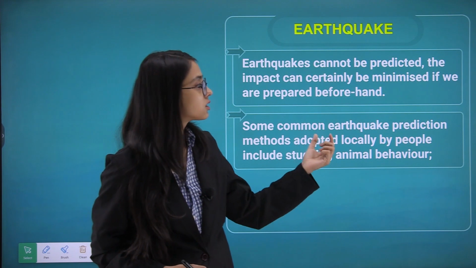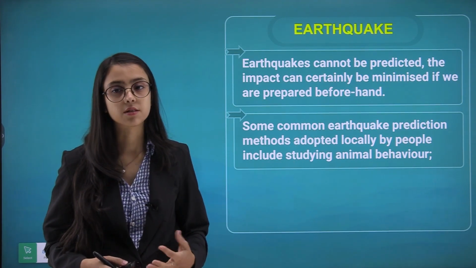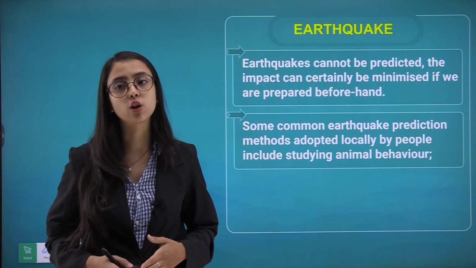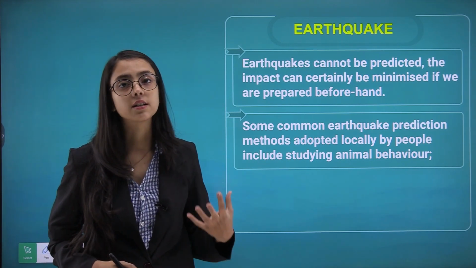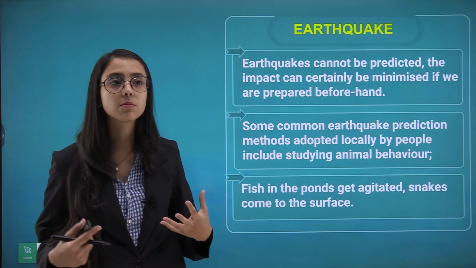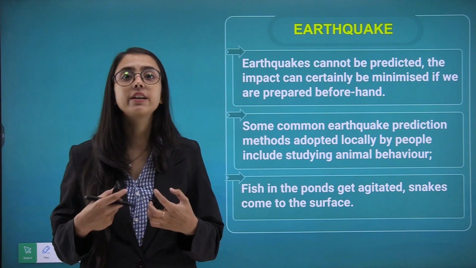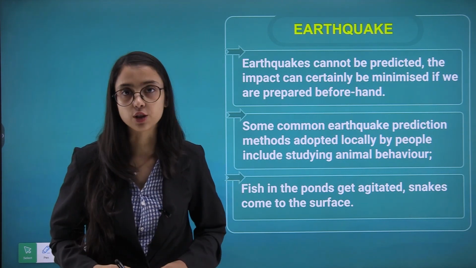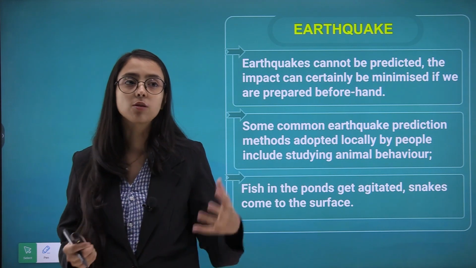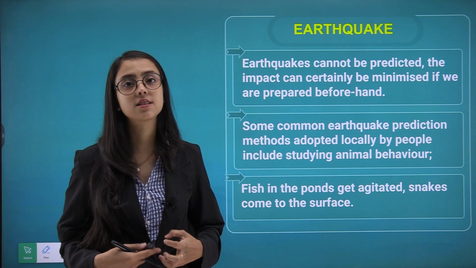Some common earthquakes can be predicted using various methods that are locally adopted by people, and this includes the study of animal behavior. It is known that animals can actually understand or forecast natural calamities if there is going to be one. So, the local people observe the behavior of animals from time to time in order to predict these kinds of calamities.